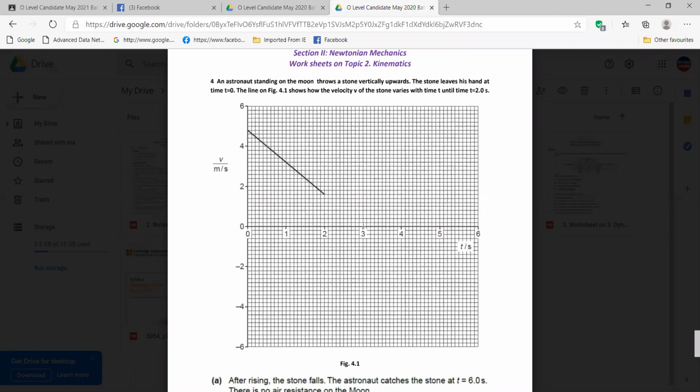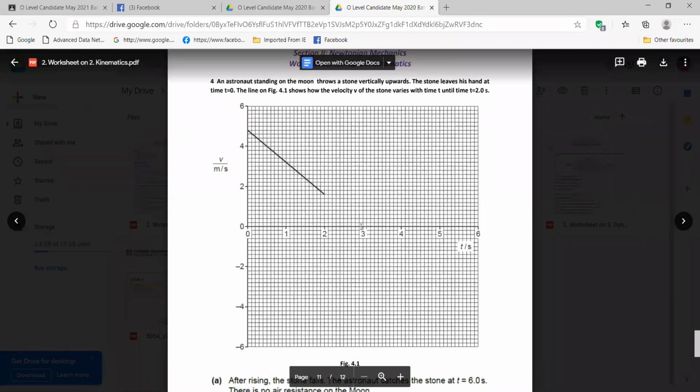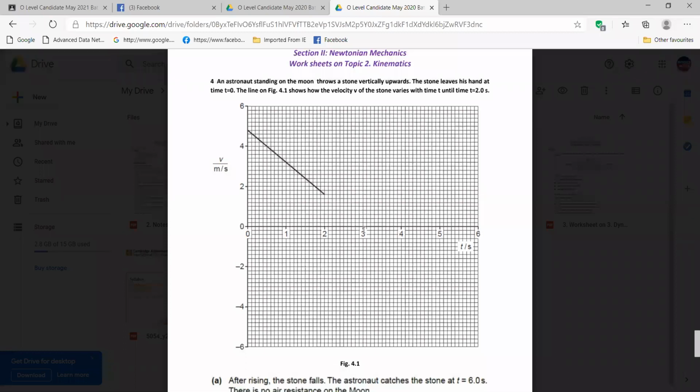And after that the object returns to the surface of the moon, and this line will continue this way.